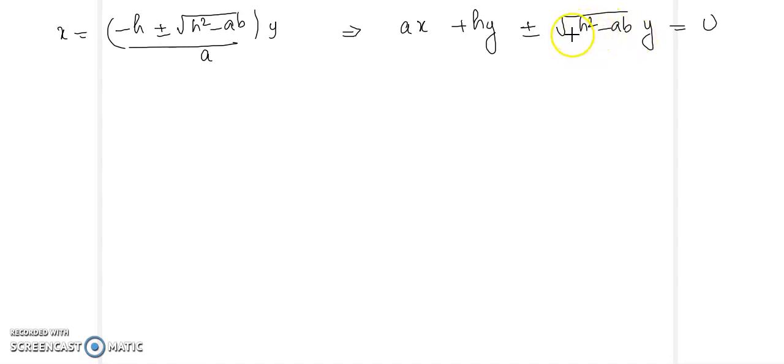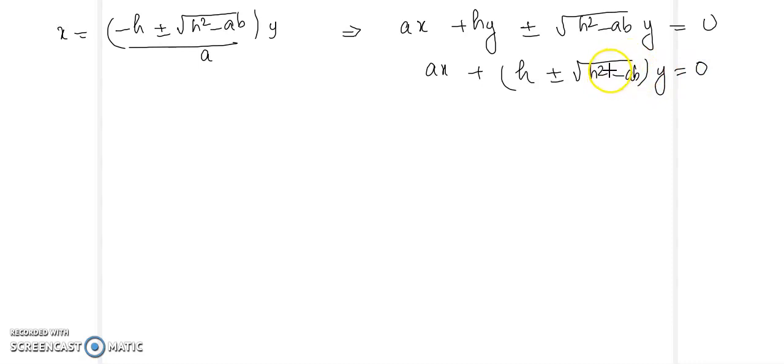In here, when you represent this equation, you have ax plus h plus or minus root of h square minus ab into y equal to 0. And now here, under the square root it can be 0, positive or negative.